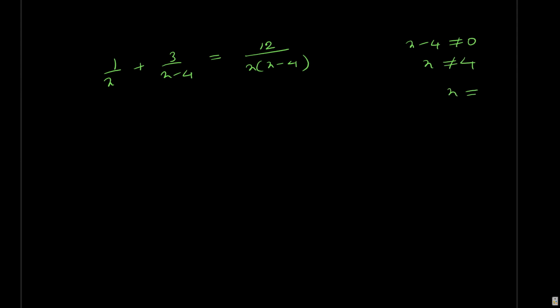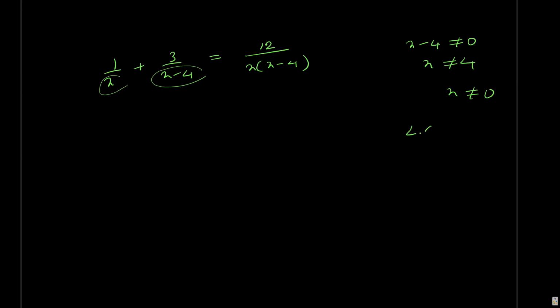How about this equation? 1 over x plus 3 over x minus 4 equals 12 over x into x minus 4. Now in this case, x minus 4 can be 0, so x can be 4 and x can be 0. Why? Because you have this term and this term.